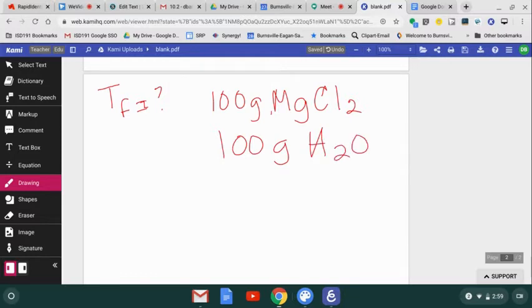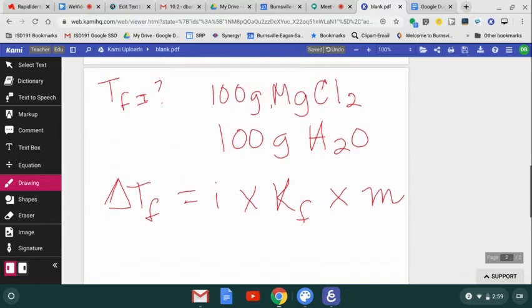All right, so again, our equation is that the change in the freezing point, or the difference between that freezing point of 0 and the new freezing point, is going to be i times the freezing point constant times the molality.